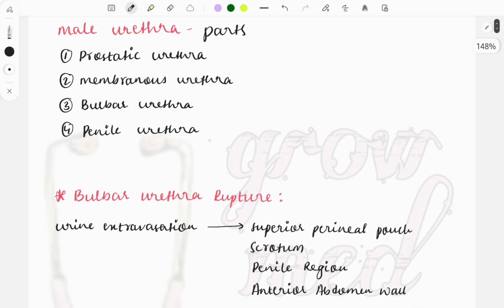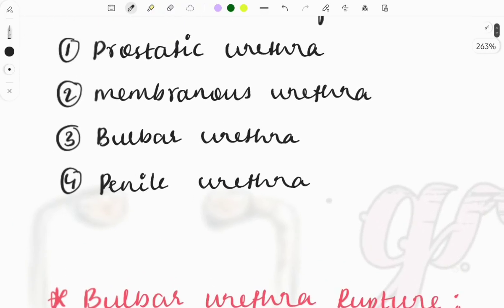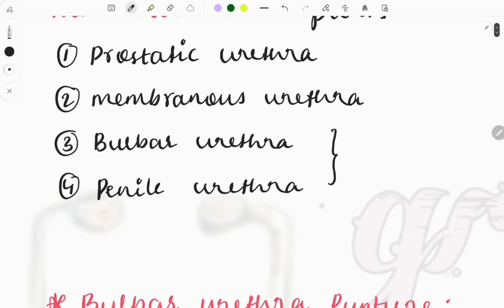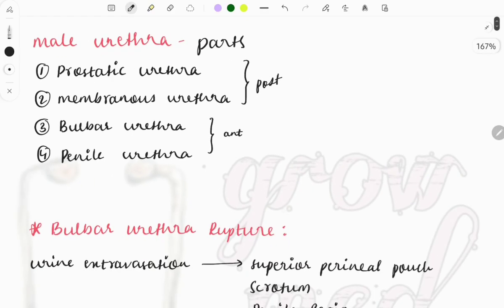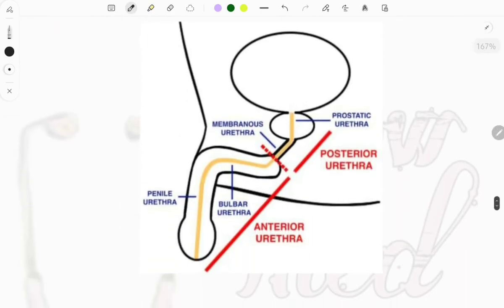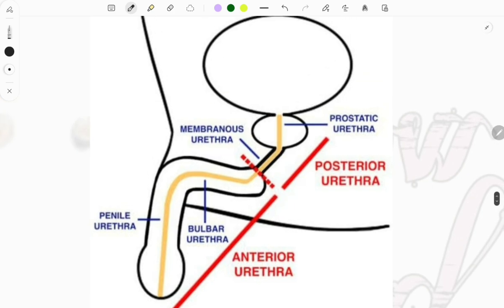The bulbar urethra and the penile urethra are classified into the anterior part of the urethra, and the prostatic and membranous are classified into the posterior part. Here in the image you can see the anterior urethra, the bulbar and the penile urethra, and then the posterior part, the prostatic and the membranous urethra.